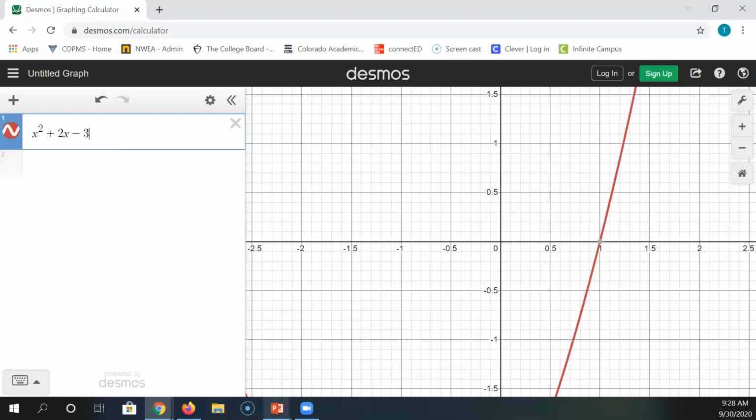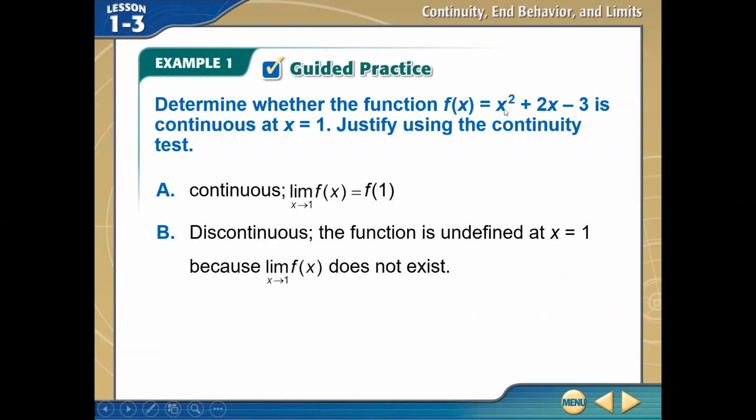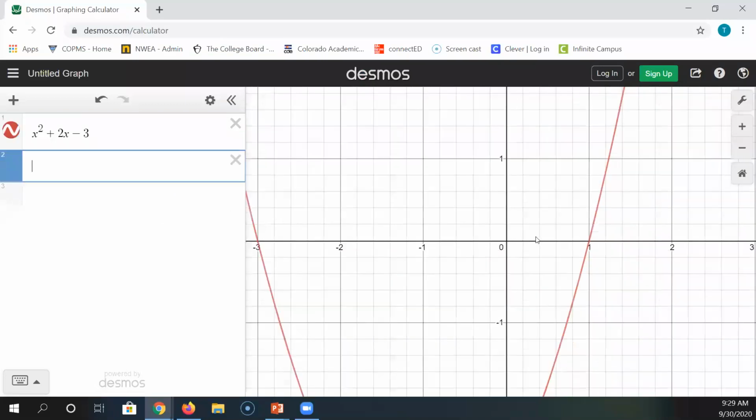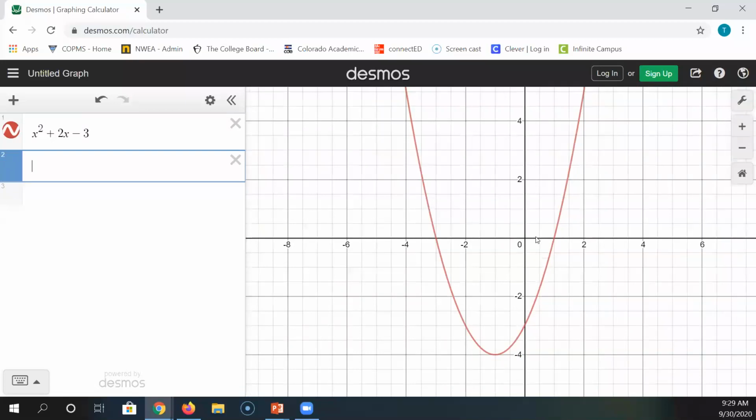Minus 3, double check. Perfect. And I'm using f of 1. If I scroll out, you can see I'm at a parabola, and I'm going to be using the value of 1 here.